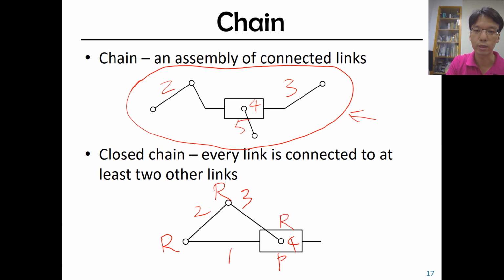And link 4 is connected to link 3 and link 1. So every link is connected to at least 2 other links. So this one is a closed chain. In the entire course, we mainly focus on the closed chain. Basically, a closed chain is a mechanism we are interested in.